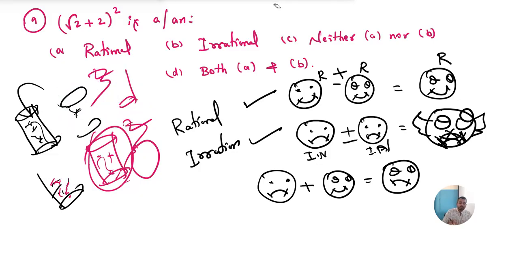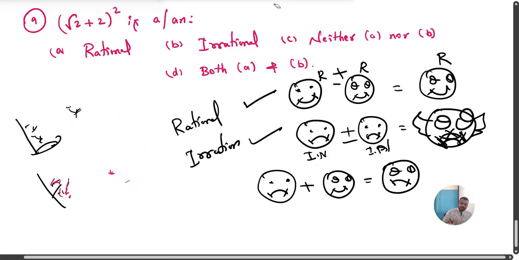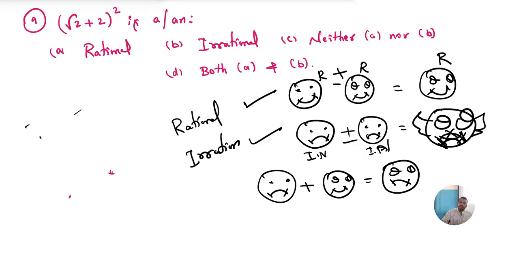Even the question is also similar to this. As we can see, we have root 2, an irrational number, plus 2, a rational number.